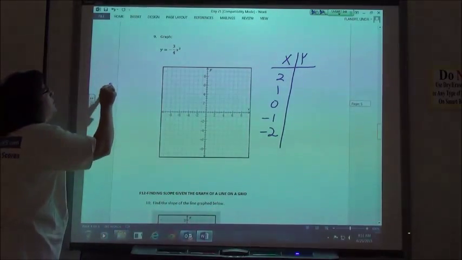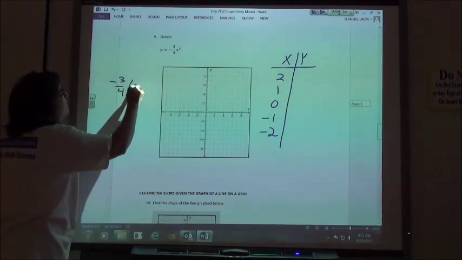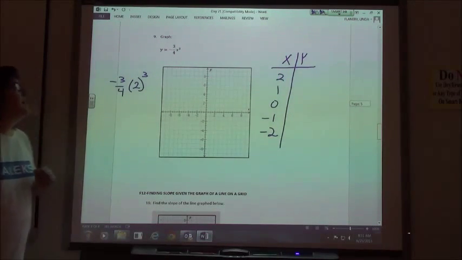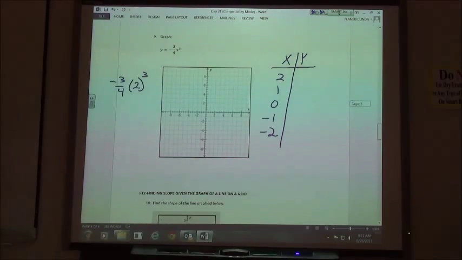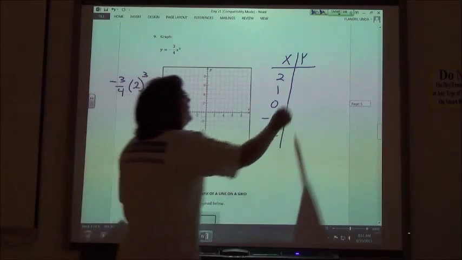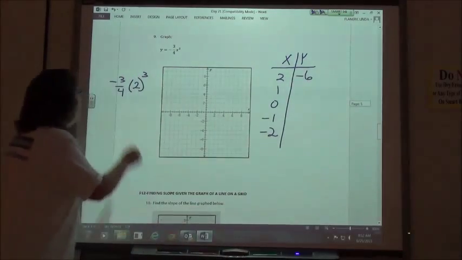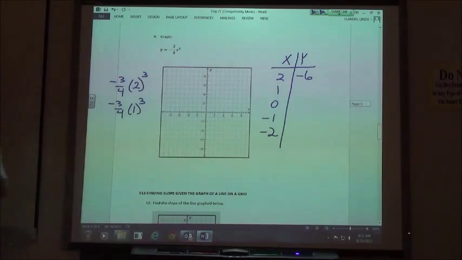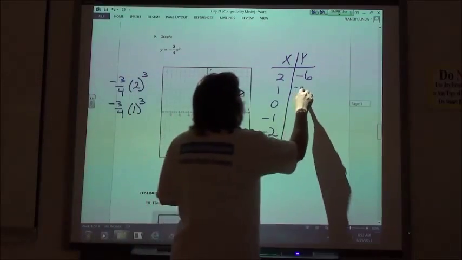So this time we're going to do negative 3/4 times 2 cubed. And we would get an answer of negative 6. Negative 3/4 times 1 cubed, negative 3/4.